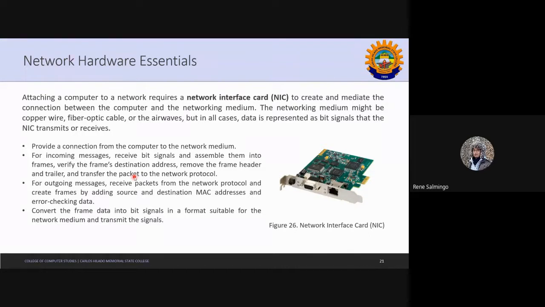For incoming messages, it receives bit signals and assembles them into frames, verifies the frame's destination address, removes the frame header and trailer, and transfers the packet into the network protocol.